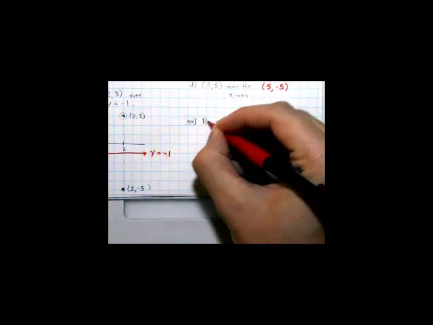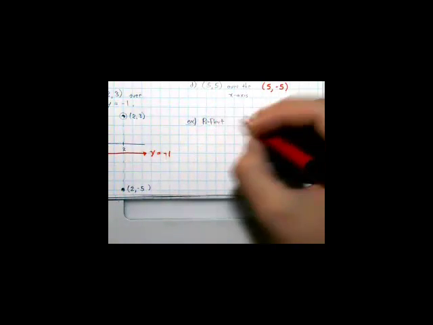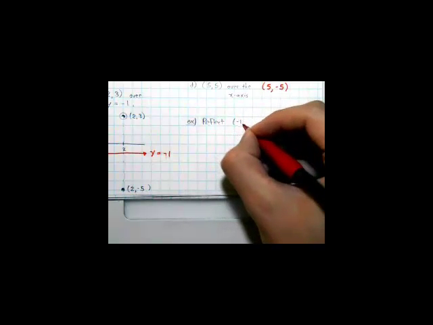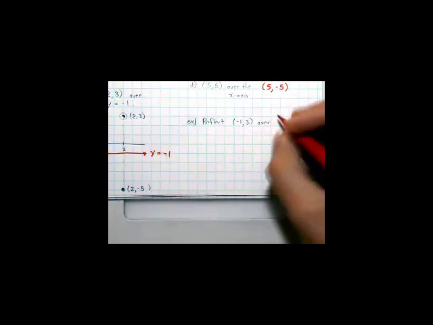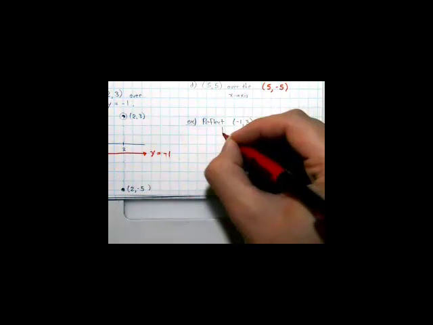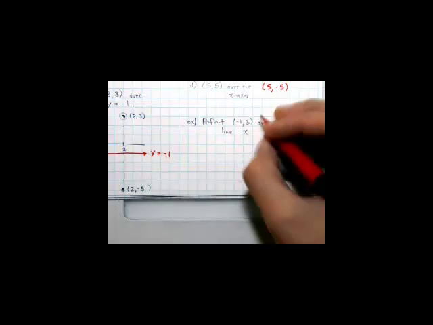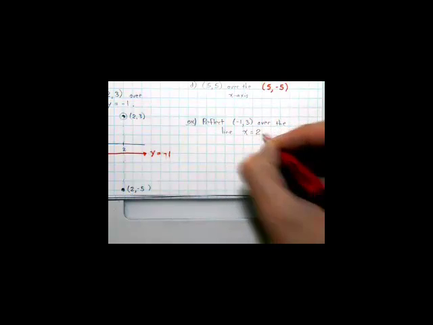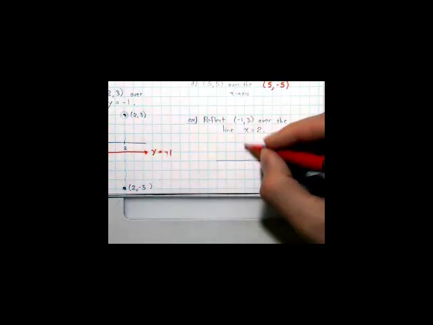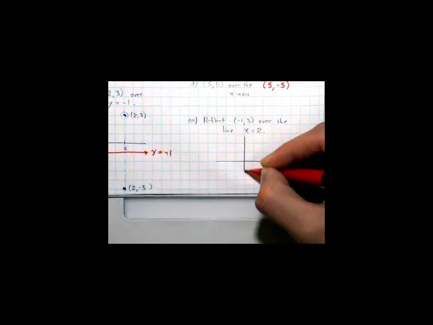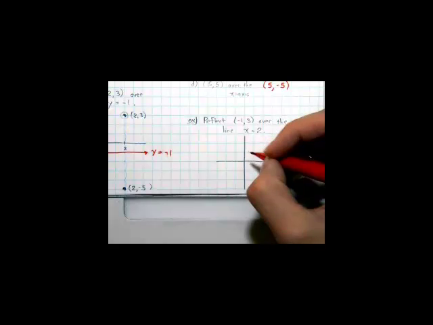So if we reflect a point, I don't know, (-1, 3) over the line x equals 2. See if I have enough room here. Sort of.